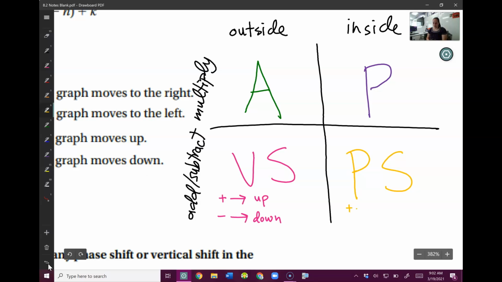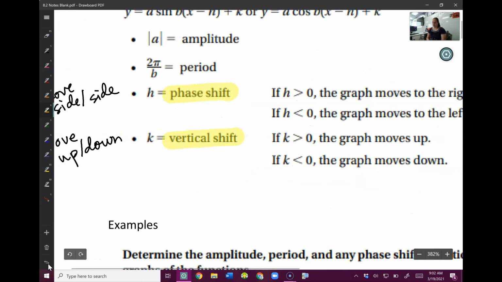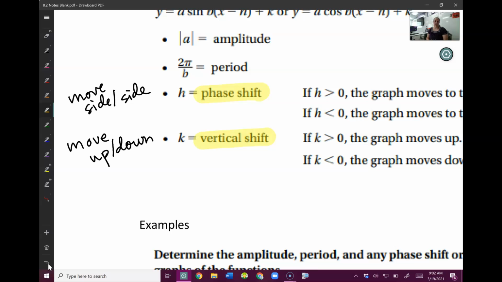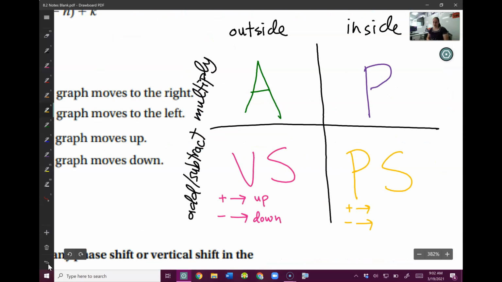Now let's come to our phase shift. Phase shift is moving it side to side, left to right. So if you think about phase shift left to right, you can imagine it like a number line. We would think that positive on the number line would move to the right. That's actually wrong. Phase shift is really weird in that it's against your intuition.